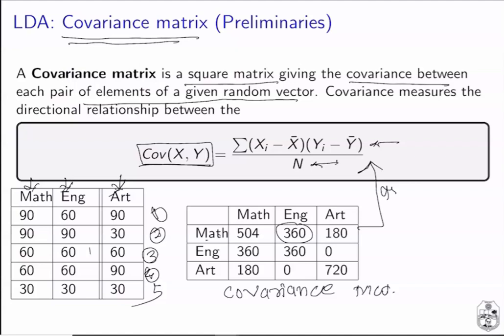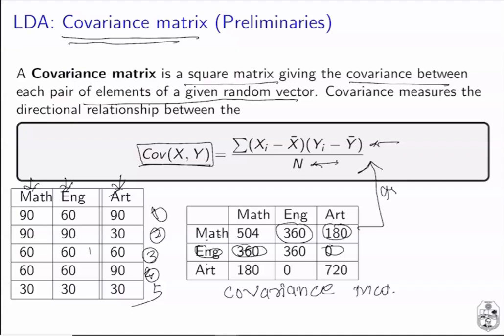The covariance between math and art is 180. The covariance between English and art is 0, and English and math is 360. So like this. A higher number means that those are highly correlated, or they vary simultaneously.